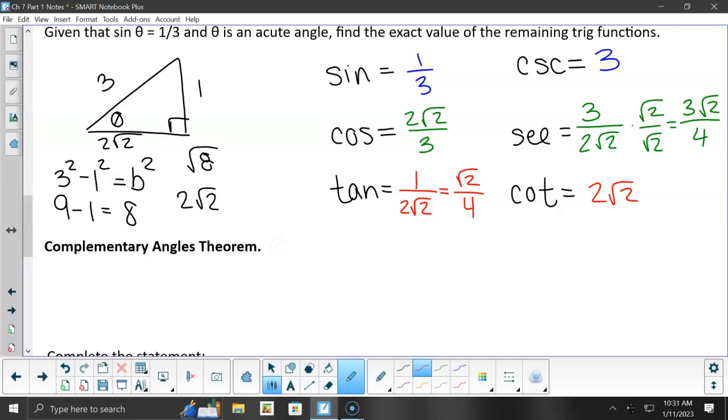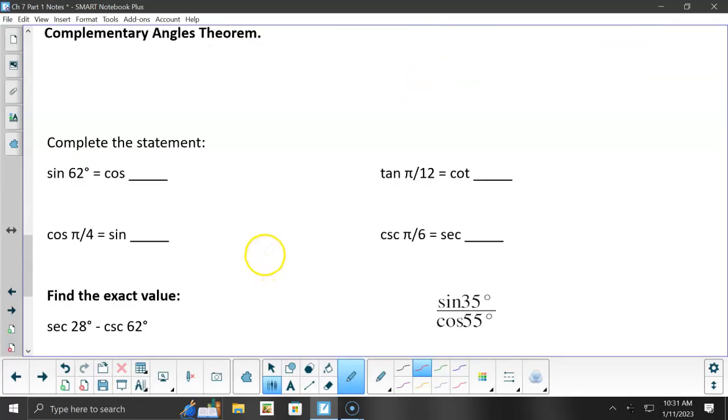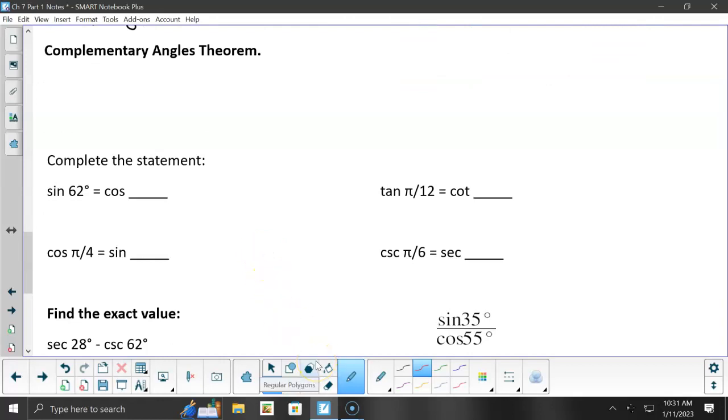All right, so we're going to do the complementary angle theorems next. And honestly, the complementary angle theorem that they have in the book is literally just the cofunctions on your purple sheet. Okay? So that's your upper right-hand corner.